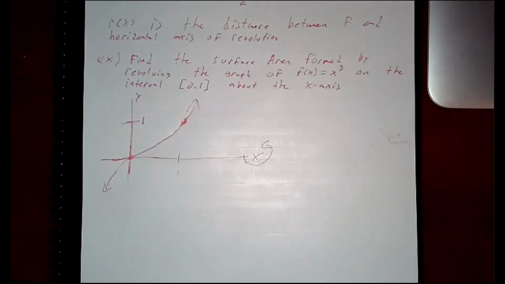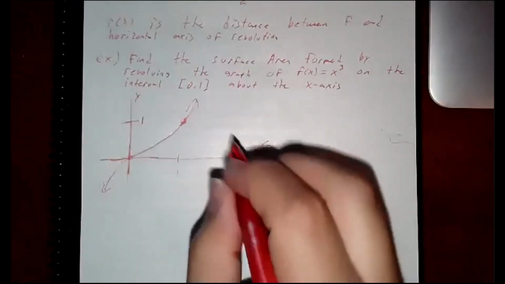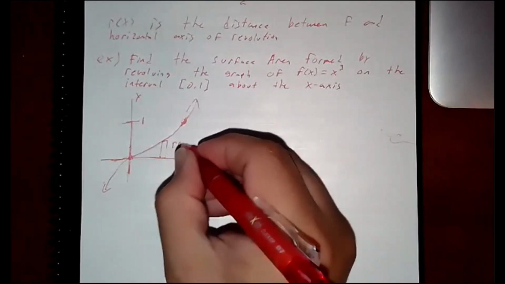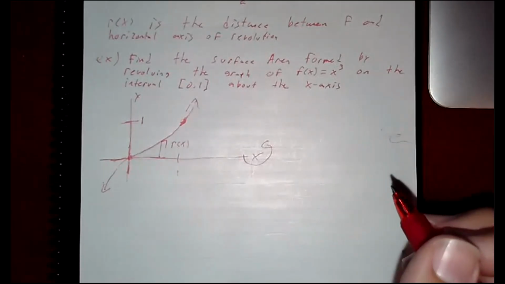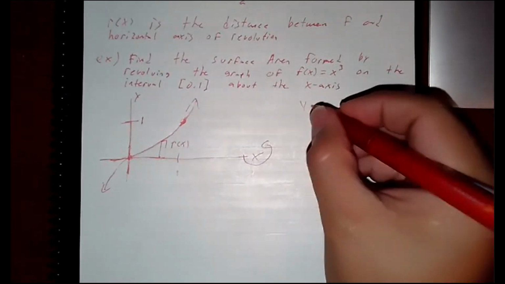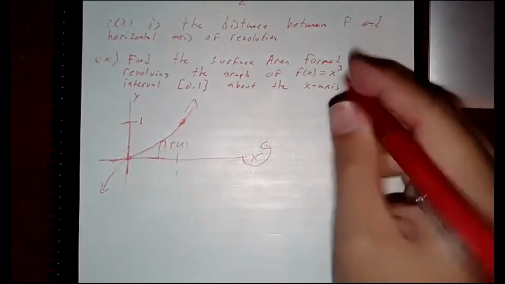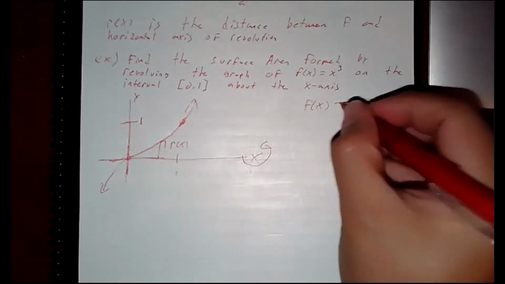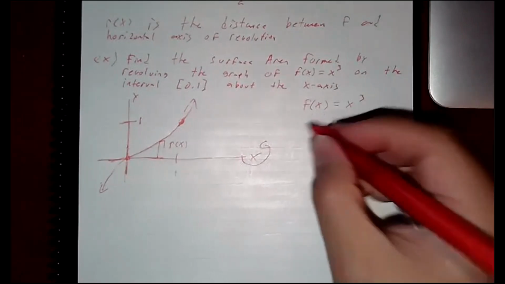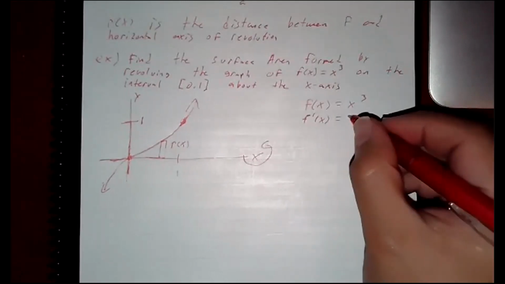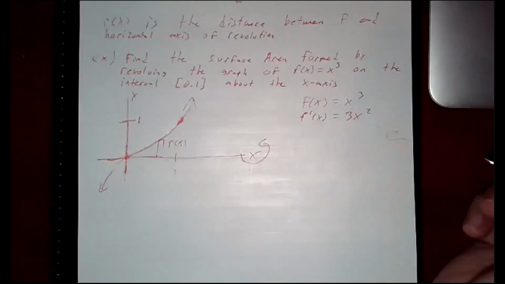Okay, so there's my graph. The rotation axis is here. So from here to here is my r of x. My y, or f function, as they call it, is the cubic function. So the derivative would be, that's right.